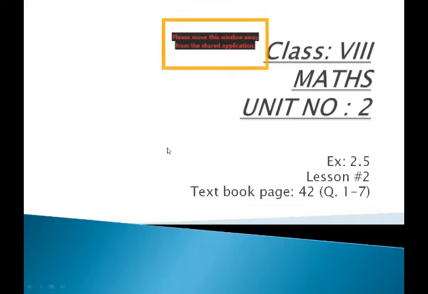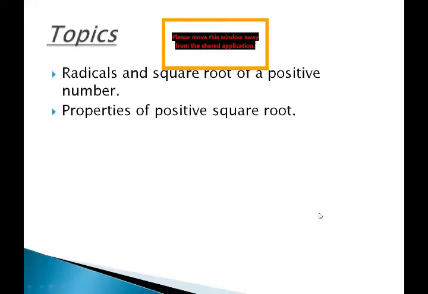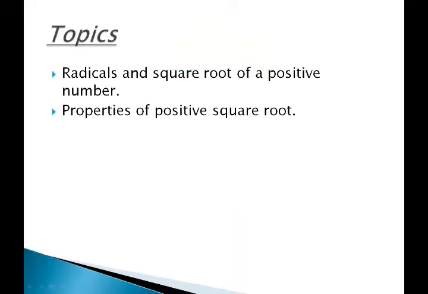Okay, so it is chapter number 2, exercise 2.5, lesson number 2, textbook page number 42, questions 1 to 7. Now moving forward, the topic we are going to focus on today is radicals and square root, the radicals and square root of a positive number and properties of positive square root.